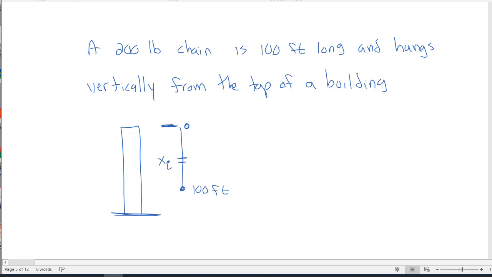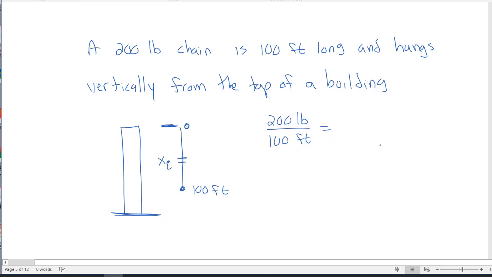Now, first of all, what I need to do is determine what the force is of the entire chain that is hanging here. Now, in particular, what I really want to do is look at what each segment weighs. We know the entire cable weighs 200 pounds, and we know the cable is 100 feet long.